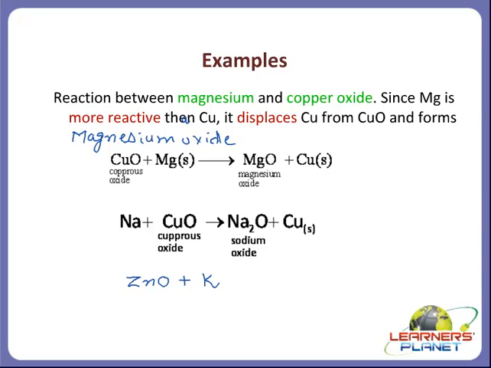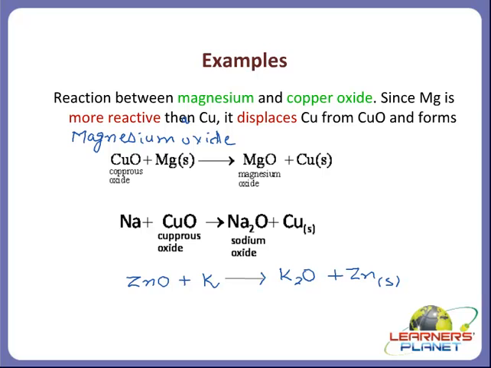What will be the products formed, children? Which is more reactive? Potassium. So potassium will displace zinc from zinc oxide and form potassium oxide plus zinc solid.